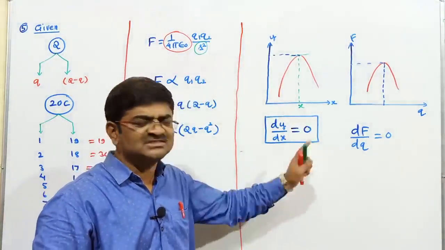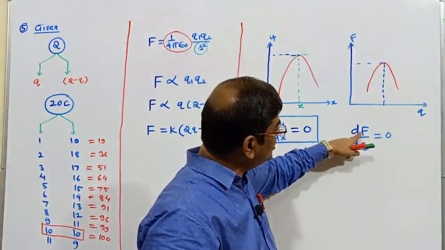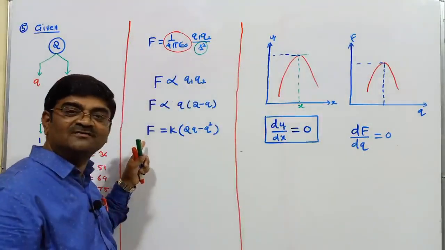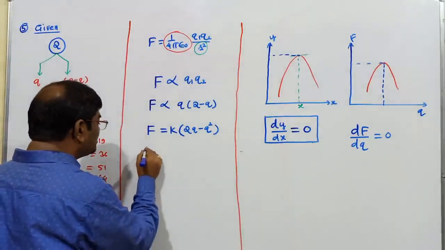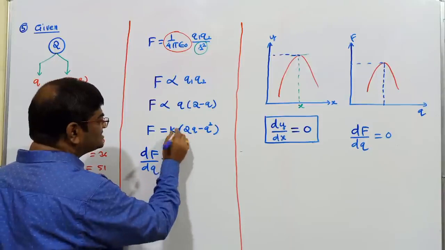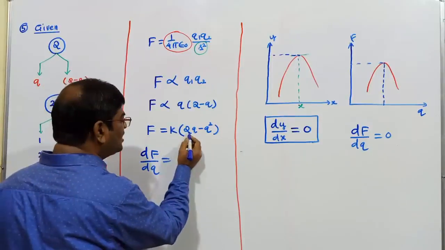If not, just an idea. dF by dq is the first order derivative of F with respect to q, and that's what I am going to do here. If I work out this dF by dq, this is a constant, so 0, and the rest by the UV rule you can work it out. Now I'll go directly here.